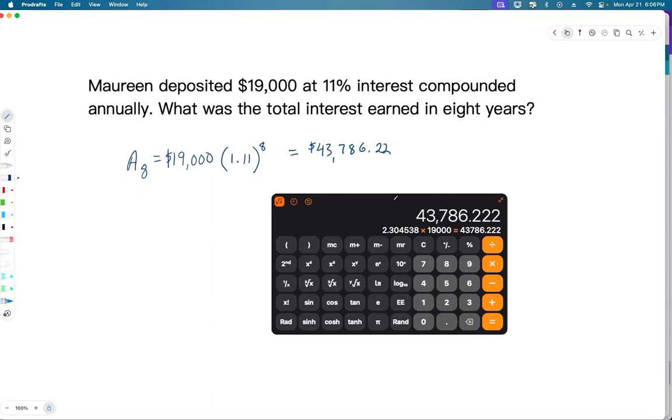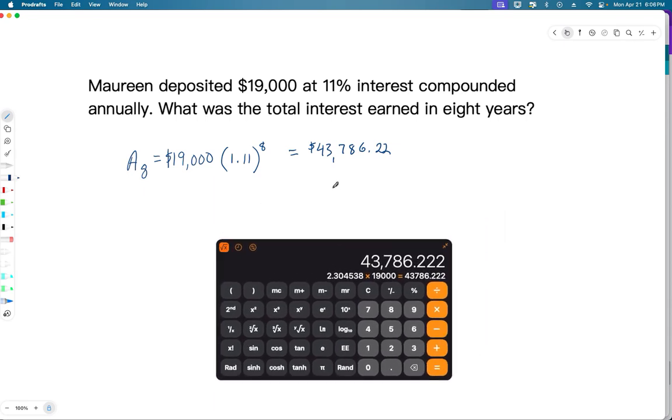$43,786.22. But the question is not what is the total amount, it says what is the total interest. So we're going to subtract the original amount to find the interest. So minus $19,000, what we call the principal. The principal is the original amount that we deposited, right?